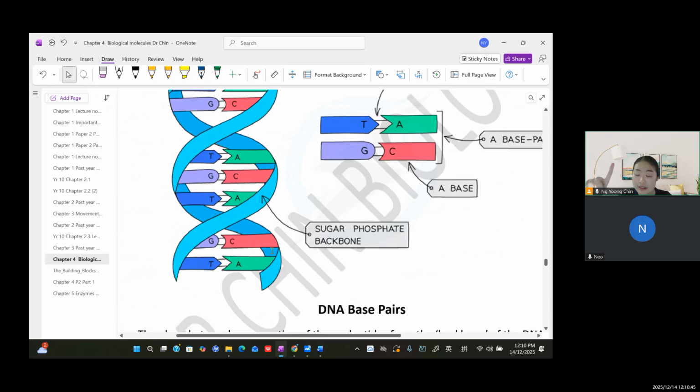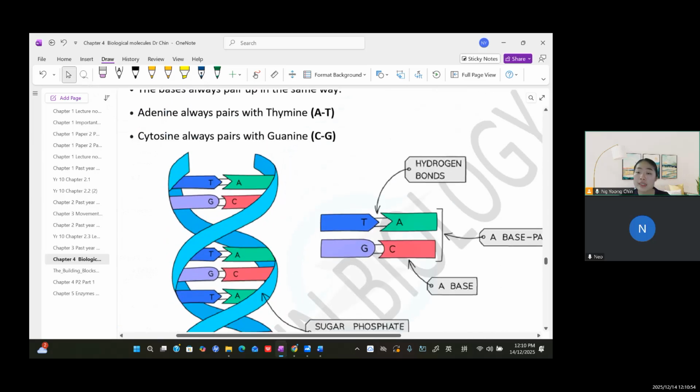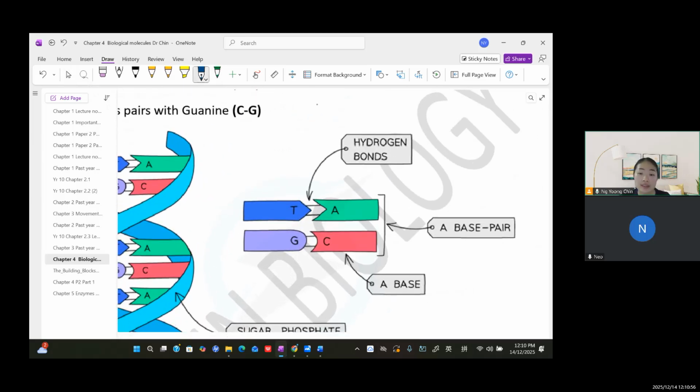In the DNA or in the nucleic acid, you should know there are 2 bonds very important to maintain the structure of the DNA. The first will be the hydrogen bonds. You can see, right, here is a hydrogen bond. A hydrogen bond is a bond forming connections with the hydrogen atom.